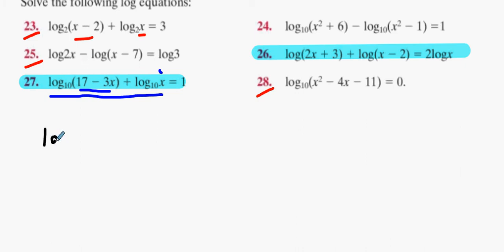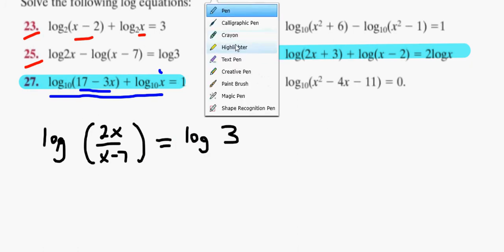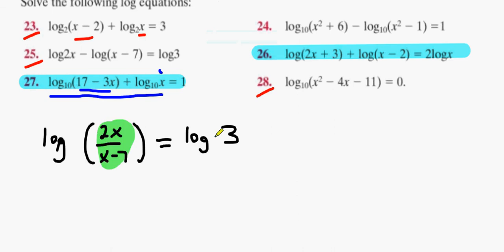So log 2x over x minus 7 equals log 3. What does that mean? 2x over x minus 7 equals 3. Because they both have the same log on each side.